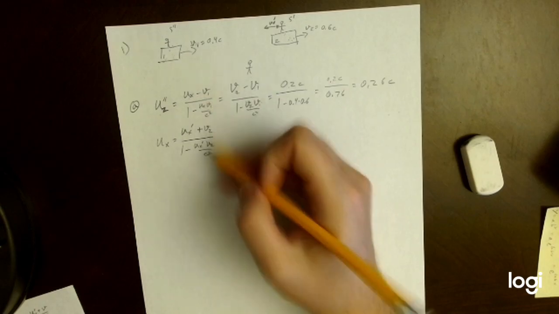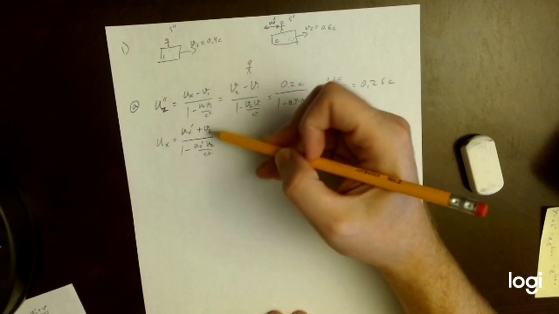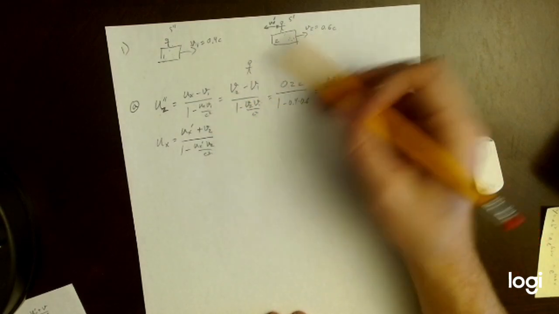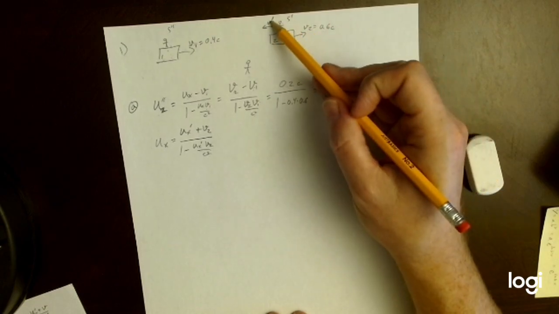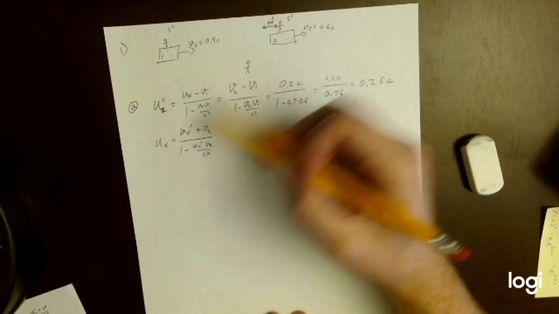To remember which velocity this v represents, just think about which two frames you are considering at that moment. I'm considering velocities as measured in the primed frame.